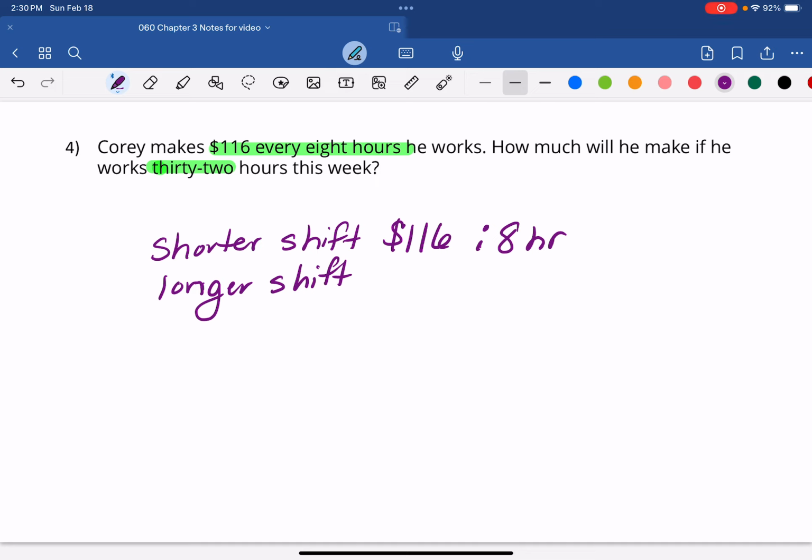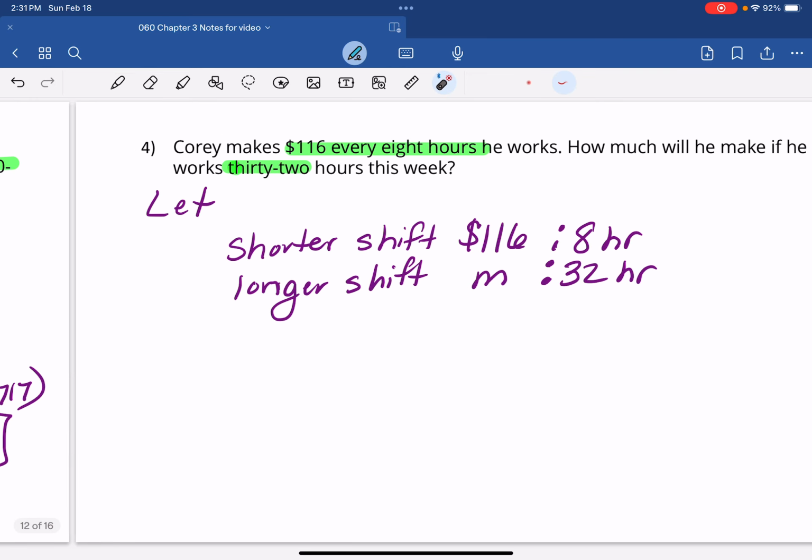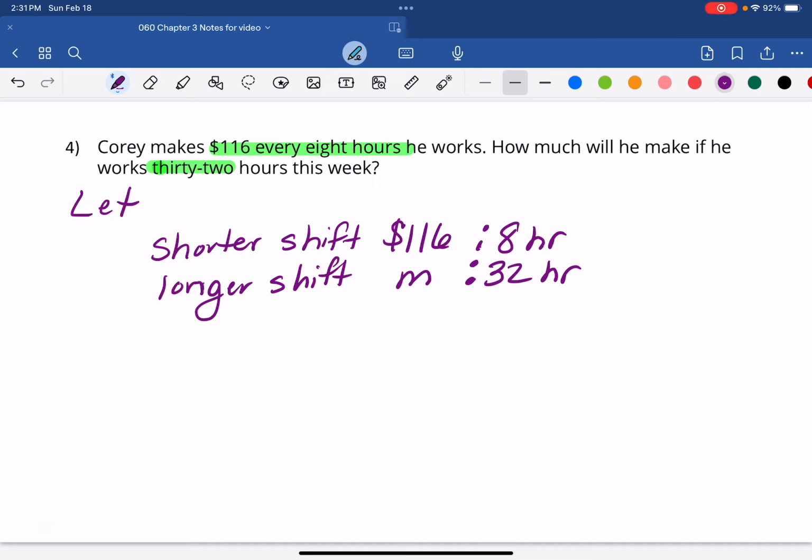We don't know the money, but we know there's 32 hours. Now this is going to have an unknown because we don't know this number. So let's say the unknown is M. And since they didn't give us that unknown like they did here, they told us our unknown was T, we need to identify it in our problem. Let M be the amount of money earned.